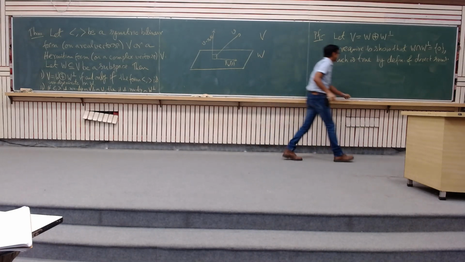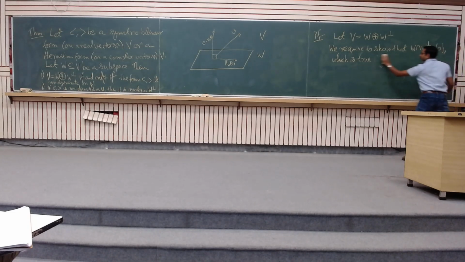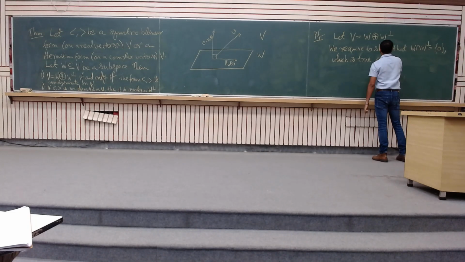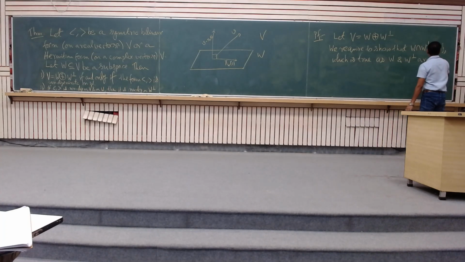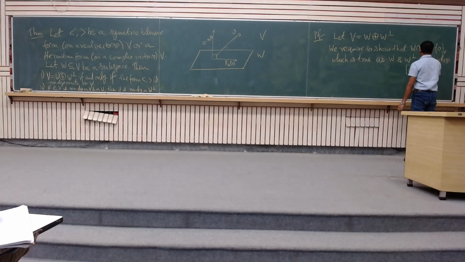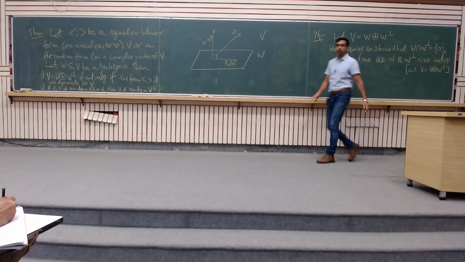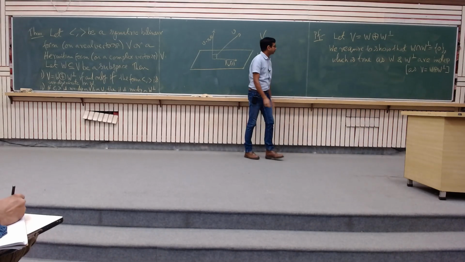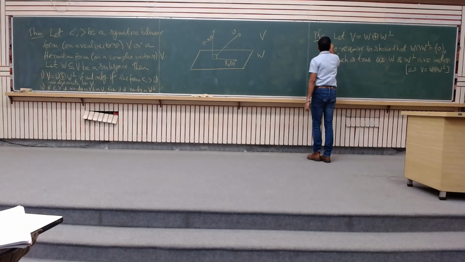Or you can write also that which is true as W and W perp are independent, as V is equal to W direct sum W perp. Otherwise, we should not have called it a direct sum. Okay. So the forward way is done.